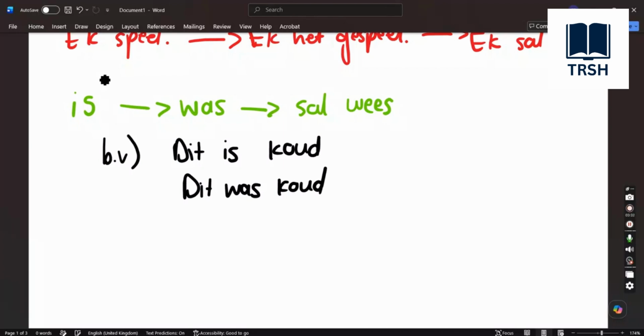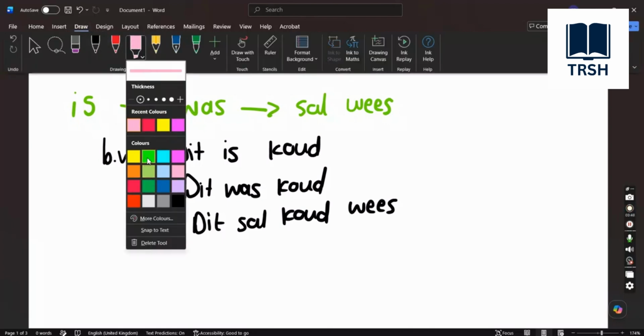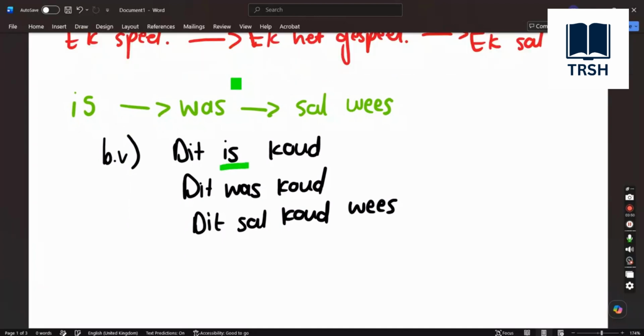To change it to future tense, it would be dit sal goud wees. And that is what I just explained there in green. If we highlight it, we'll see we have is, was, sal, wees. That's exactly what we looked at over there.